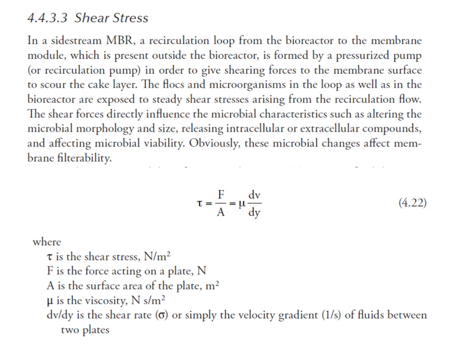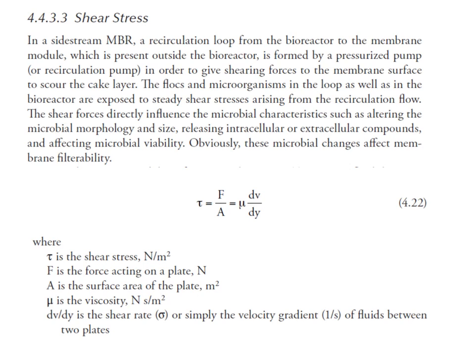Shear stress is another factor that affects membrane fouling, because if we have high shear stress in the reactor, this will disintegrate microbial flocs, so we'll have smaller particles and a large amount of free EPS, and then we'll have serious problems of membrane fouling.